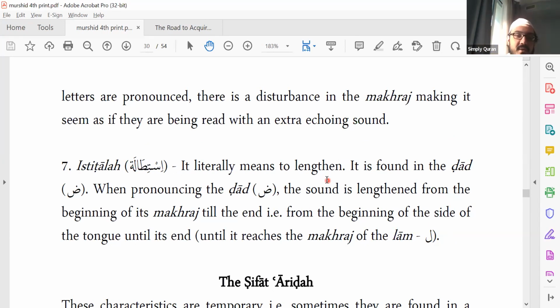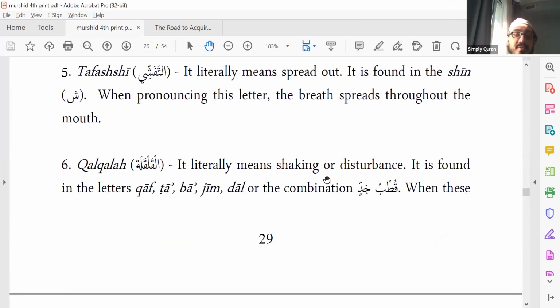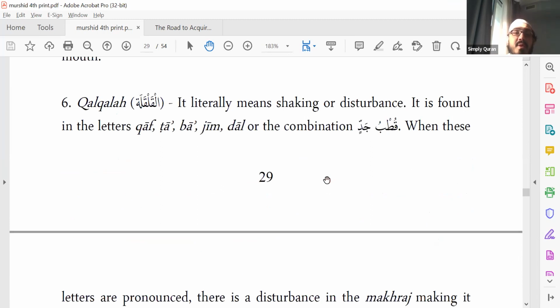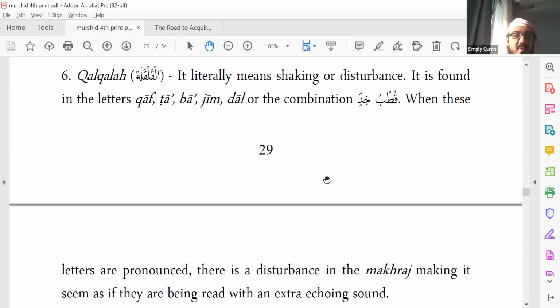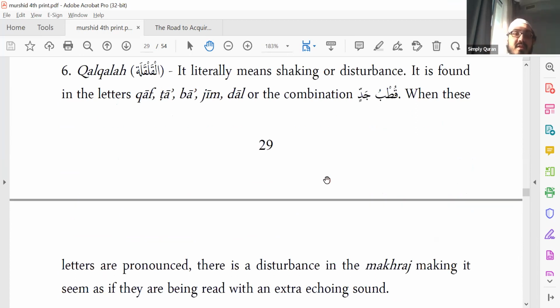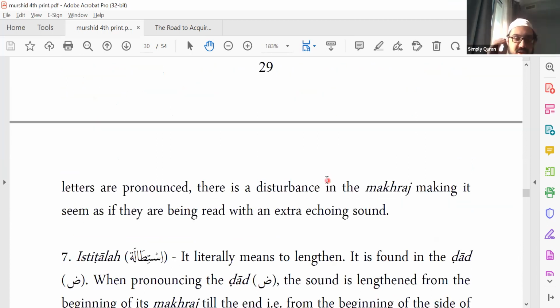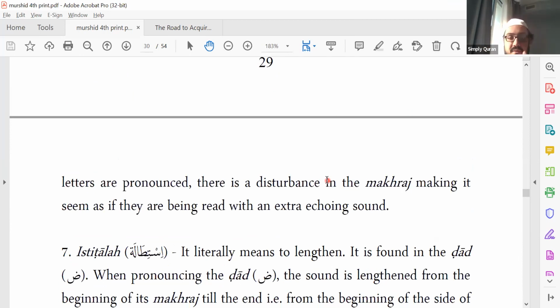We know that these letters of qalqala are both jahar and shiddah, meaning the breath is imprisoned as well as the sound. So how does the letter come out? How can we hear it? It's because they have qalqala. They're very strong, they shake the makhraj, so then we can hear the letter come out. Otherwise, we wouldn't be able to hear it, because the sound stops and the breath does not flow.